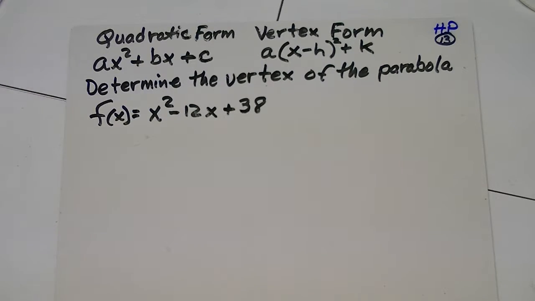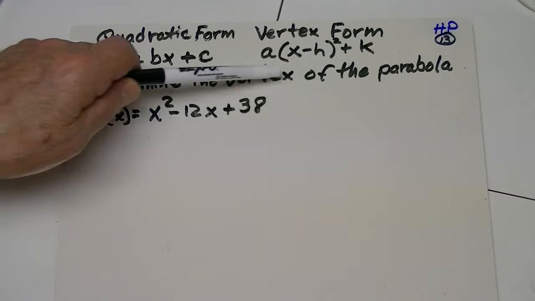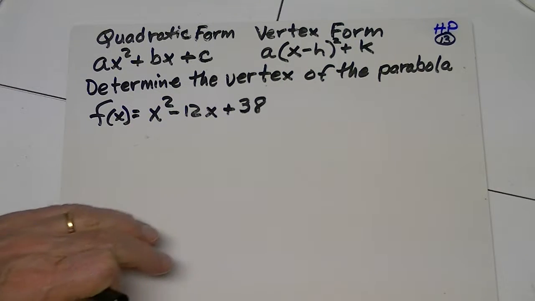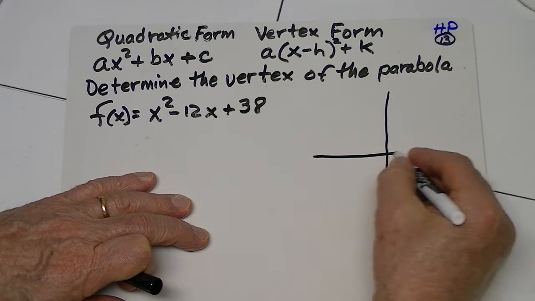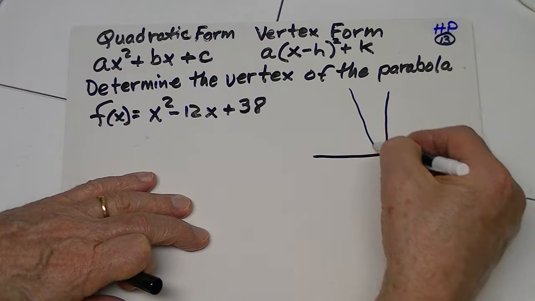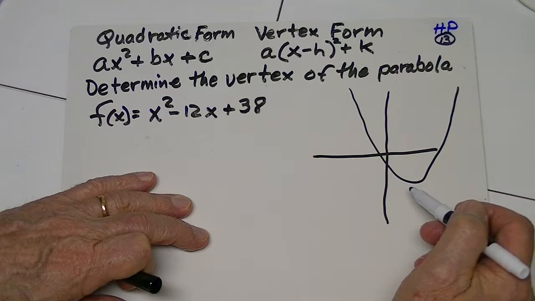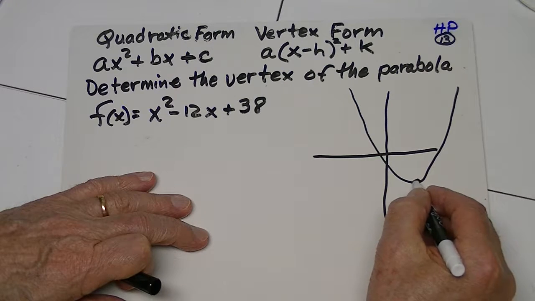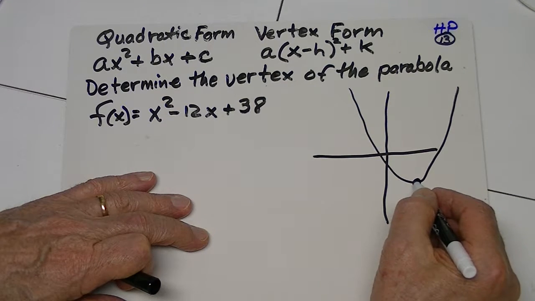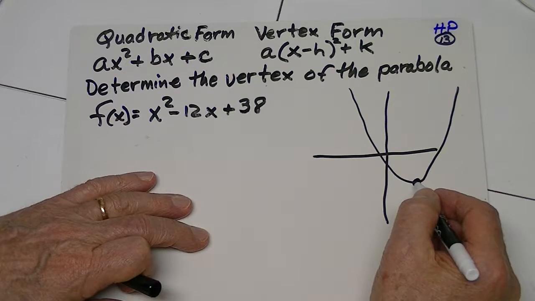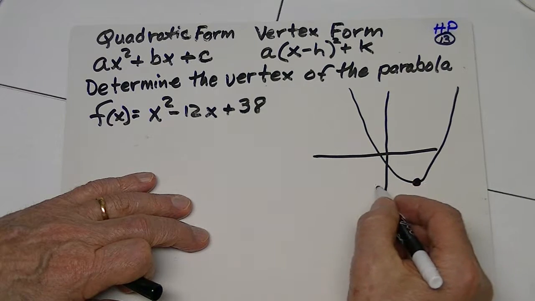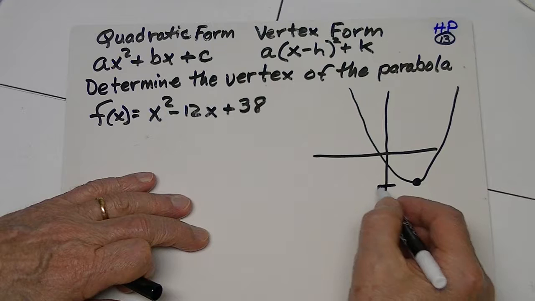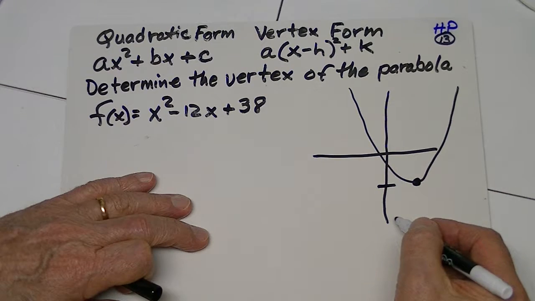Now, one of the things we're asked to do every once in a while is to determine the vertex of a parabola. Well, if we have a parabola and it's opening like so, let's say this point here at the bottom, its lowest point, often referred to as the minimum, is the vertex, and it would be some y value along the y-axis.